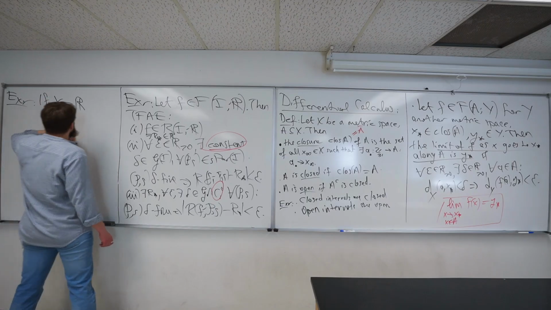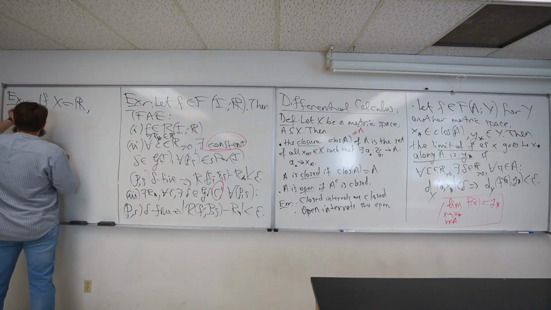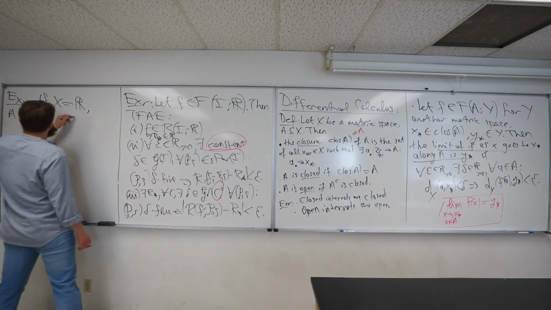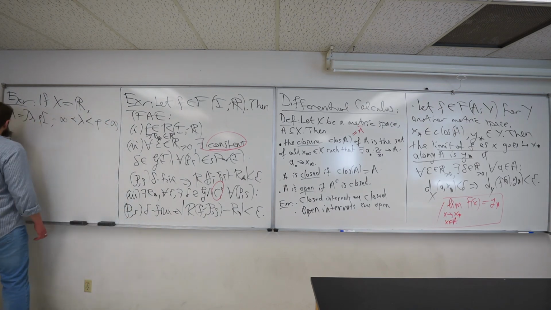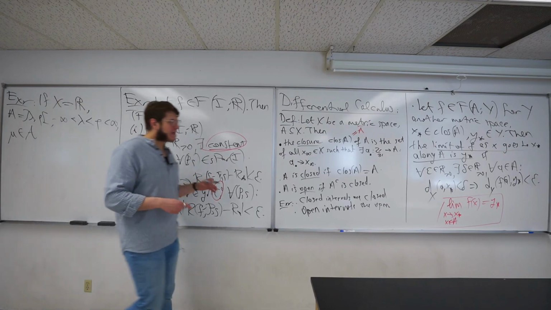In fact, let's do it like this. I'll take A to be some interval of this form, open interval from lambda to rho. Say mu is some point in A, somewhere in between, and say I have a function f defined on A except at mu.